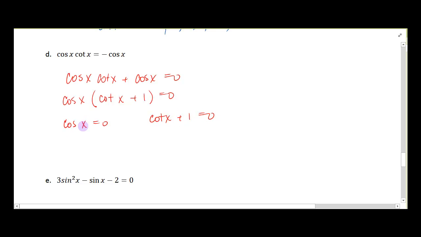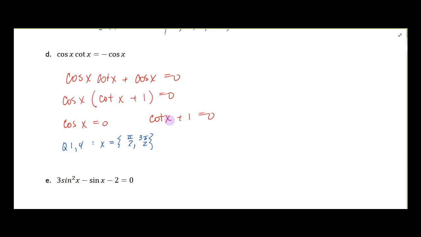So for cosine x to be equal to 0, I have to be looking at the boundaries between quadrants 1 and 4, and that's going to give me x values that are pi over 2 and 3 pi over 2.